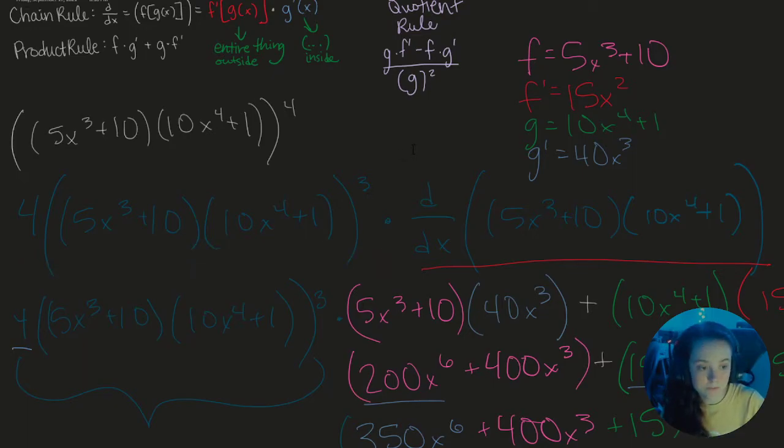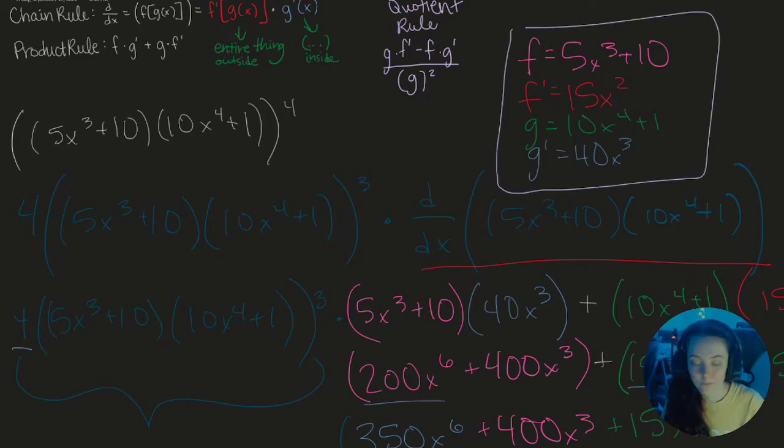For this second part, you do have to find your derivative of each part, which is this big old square right here. You do have to find the individual parts. So your first term is your f, your second term is your g, and then your derivative and your derivative.